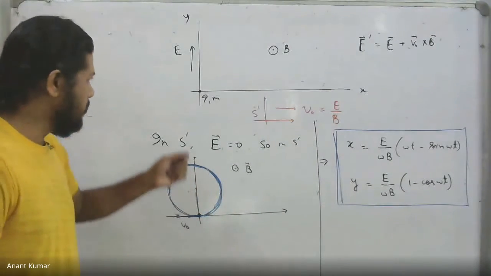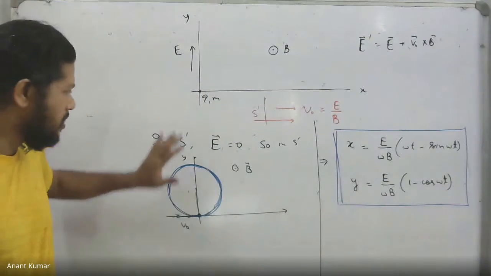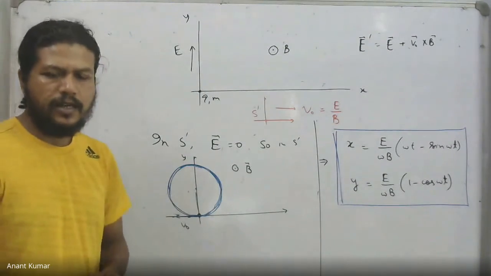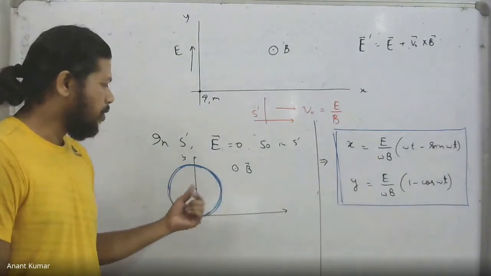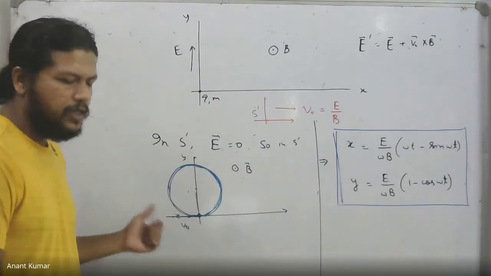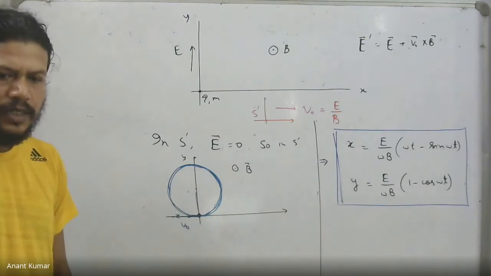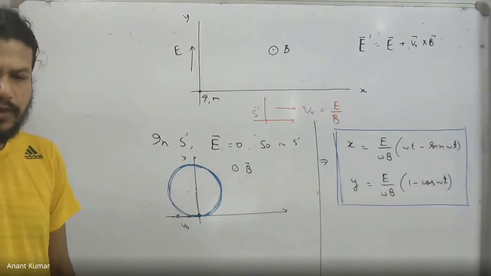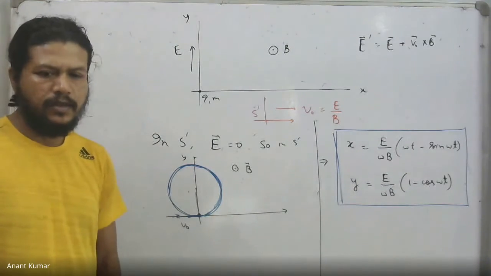But in this reference frame, originally the point charge was placed at rest at the origin. In the new frame it will not be at rest, because my reference frame moves this way, so the point charge will have velocity this way initially. There is no pseudo force, it's an inertial reference frame.